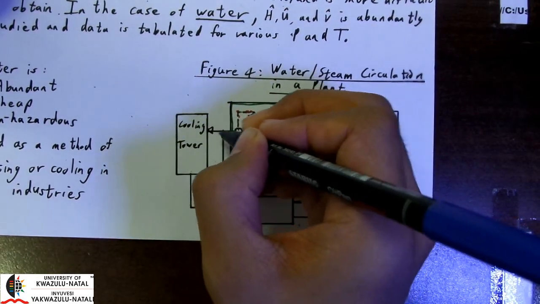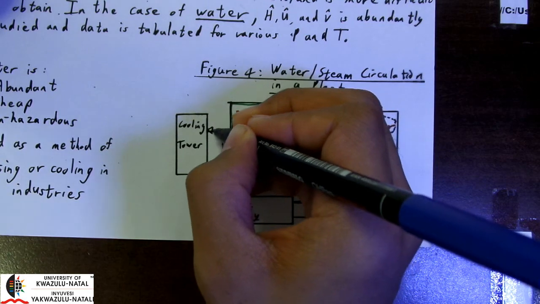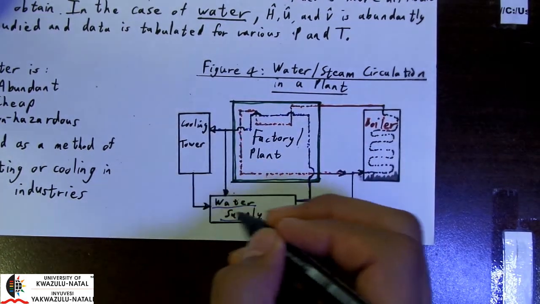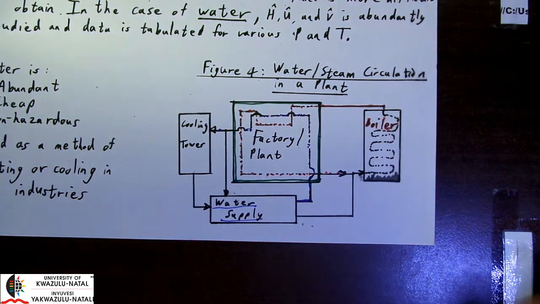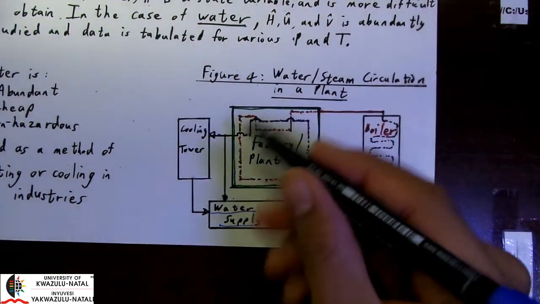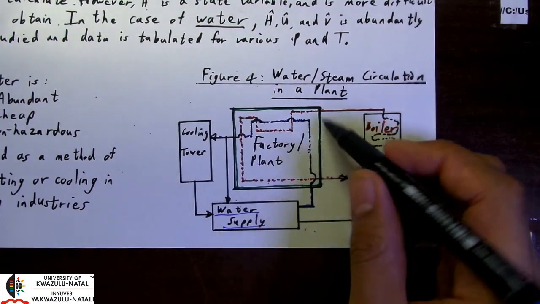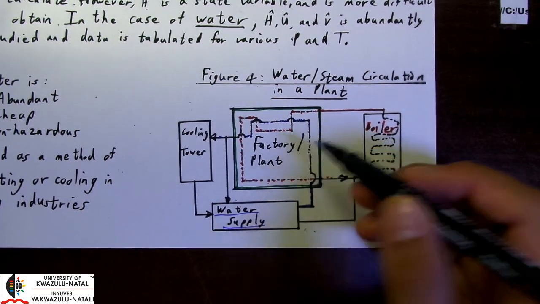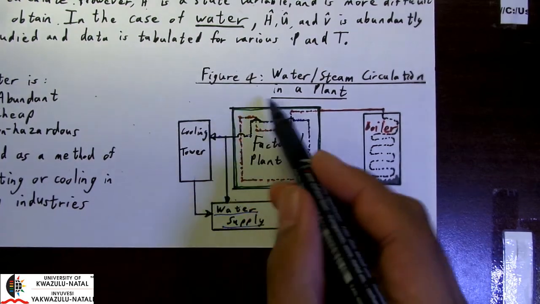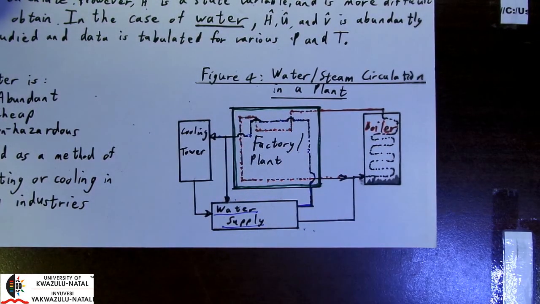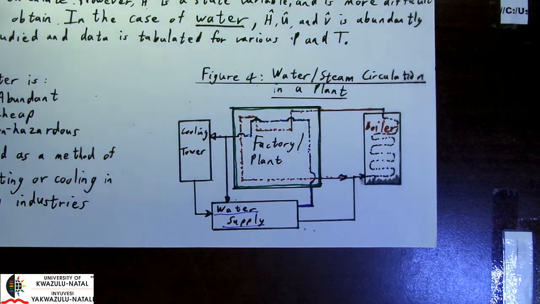So the water needs to go to a cooling tower to become cool again, and then it is resupplied back into the water supply. So that's the basic setup. There are, of course, many different variations of this, as well as different heat interchanges. But I hope this gives you a general sense of how water can be used as a heating or cooling medium.